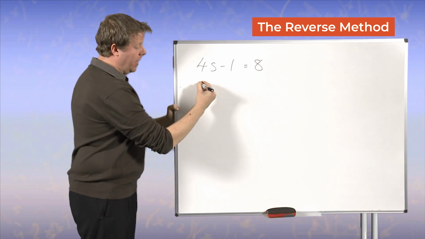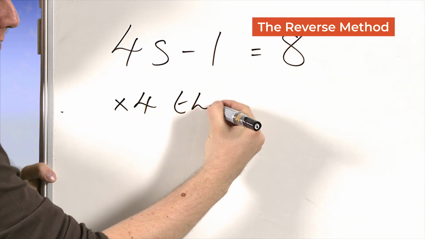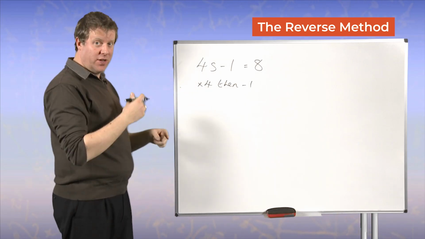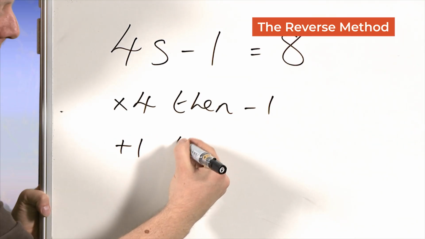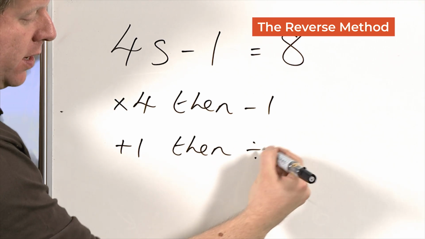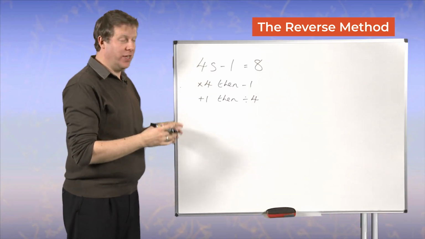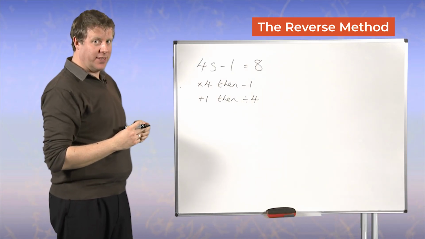So here we are multiplying by 4, then subtracting 1. So the reverse of that would be to add 1 and then divide by 4. And we perform that operation on the number that's on its own. So in this case, it would be the 8.